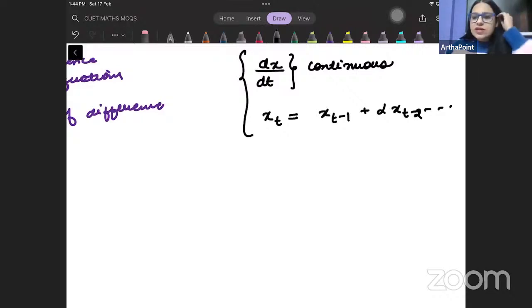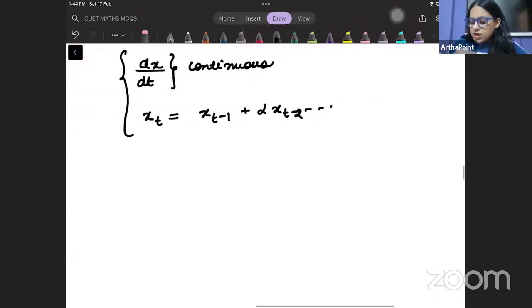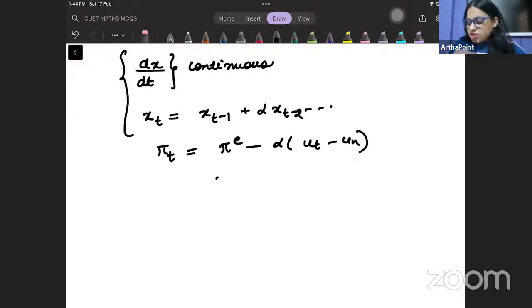We go ahead and we ask ourselves कि okay, you are given inflation of this year will be equal to some expected inflation minus alpha (ut minus un). And if I just tell you that expected inflation is last year's inflation, so automatically this has been converted to a difference equation, right?